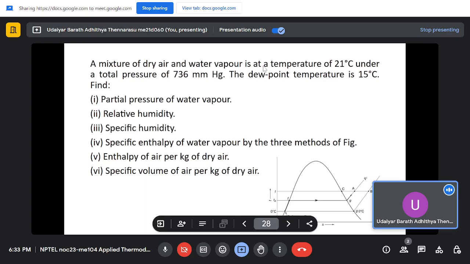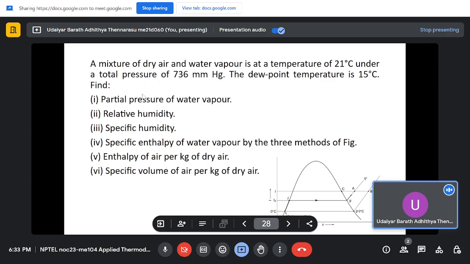So here you have a mixture of dry air and water vapor at a temperature of 21 degrees Celsius, dew point temperature 15 degrees Celsius, and total pressure 736 mm of Hg, or room normal pressure, 1 bar.